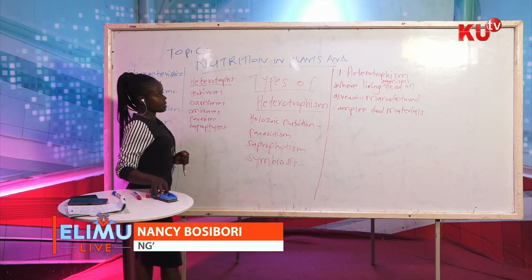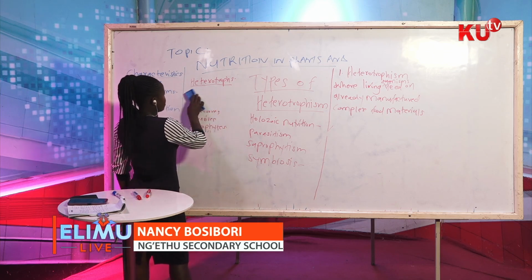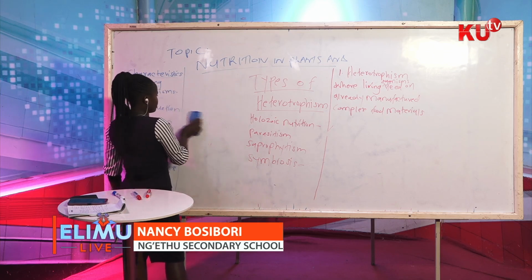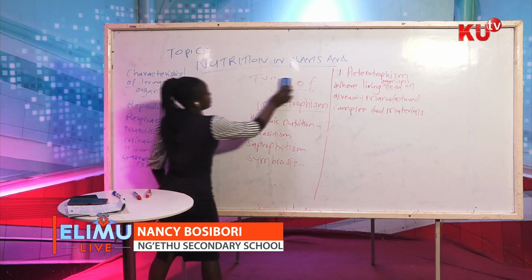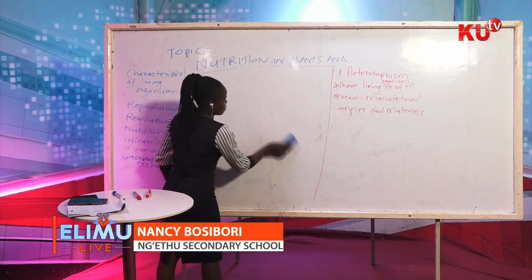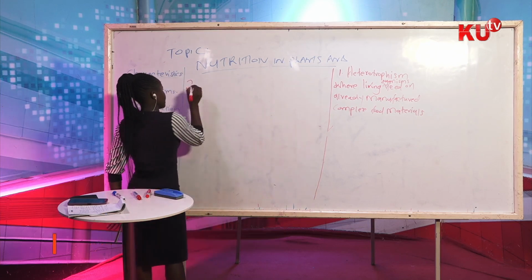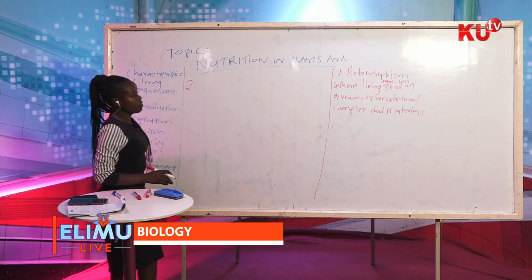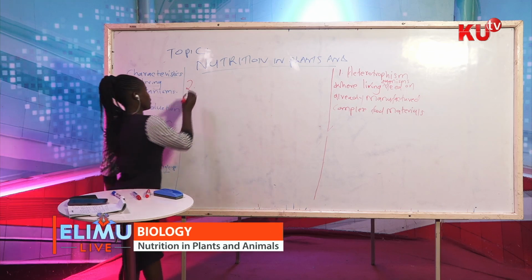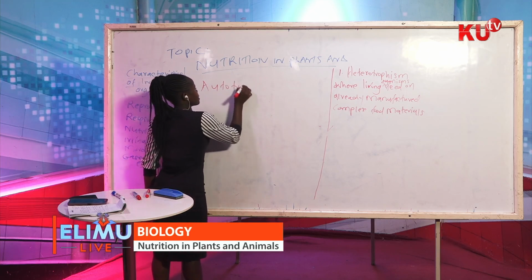Let me discuss the second type of nutrition called autotrophism. So the second type or mode of nutrition is called autotrophism.